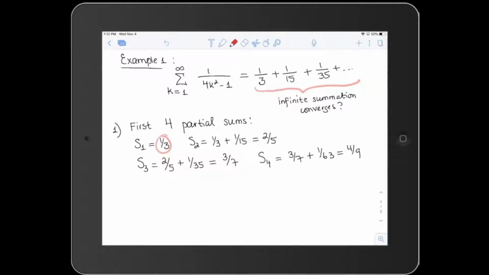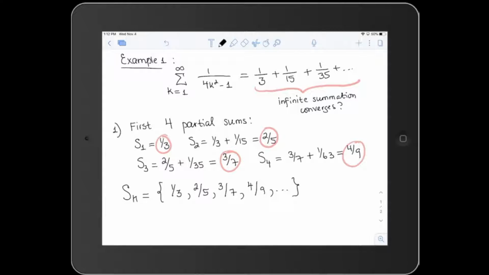So let me highlight these partial sums and put these into a sequence. Now I have a sequence of partial sums: 1 over 3, 2 over 5, 3 over 7, 4 over 9, and so forth.